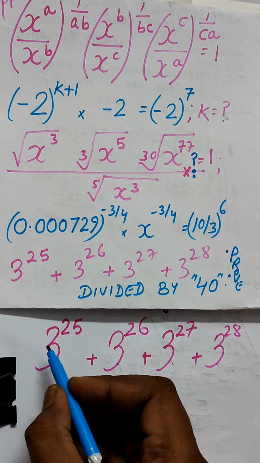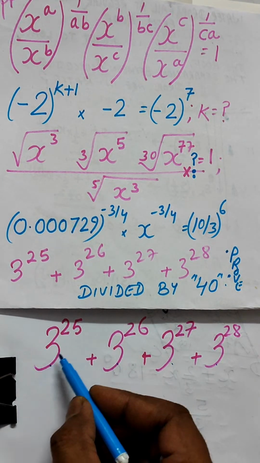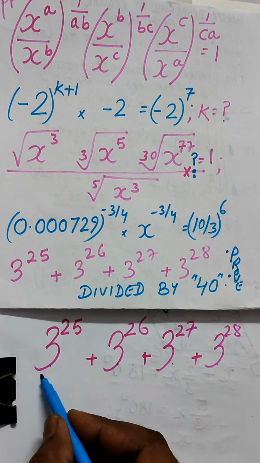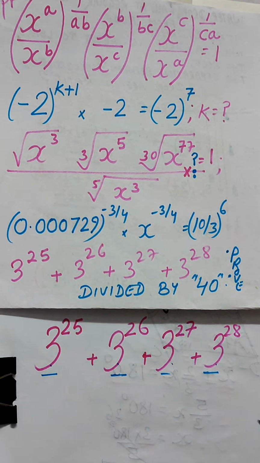So let us solve the last question first, that is 3 power 25, 3 power 26, 3 power 27, 3 power 28. As you can see the bases are the same in each of the terms.